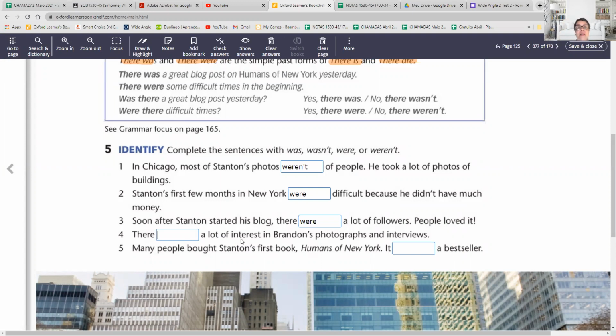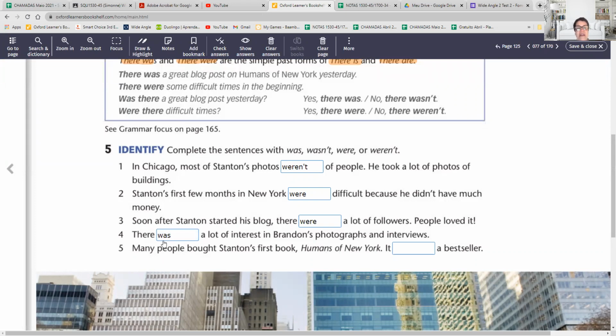Number 4. There a lot of interest in Brandon's photographs and interviews. Interest is uncountable. Yes, it's a big amount, but it's uncountable. So there was or there wasn't? Yes, there was.